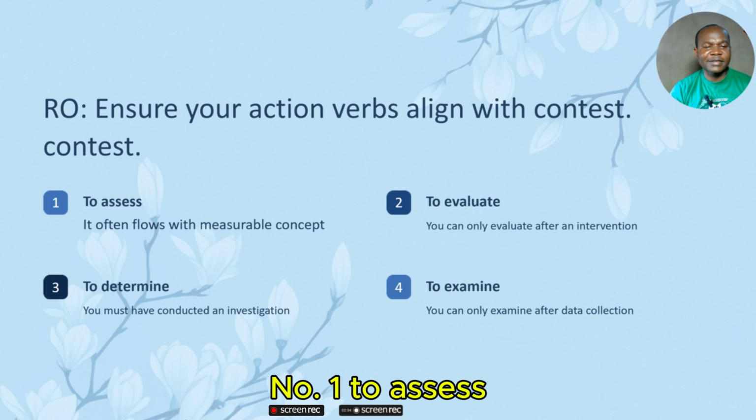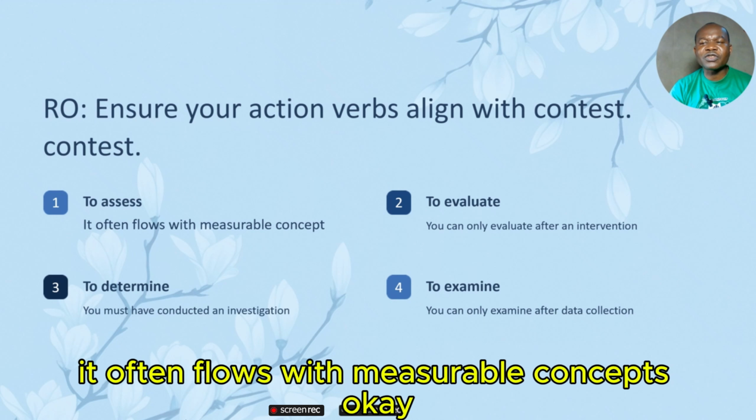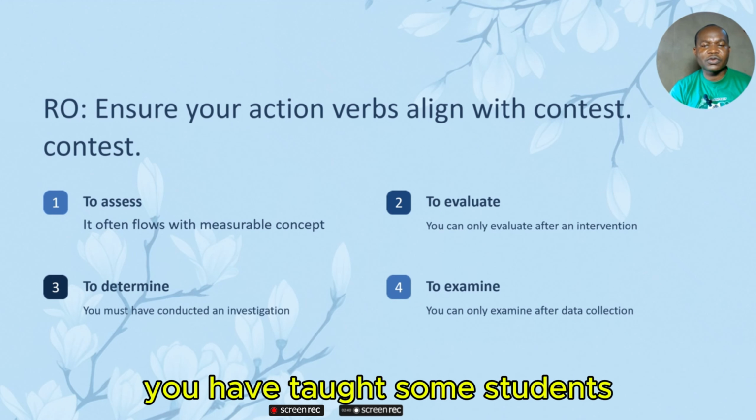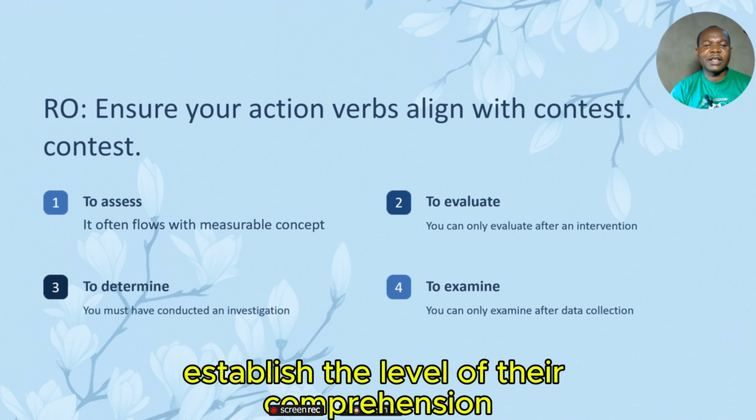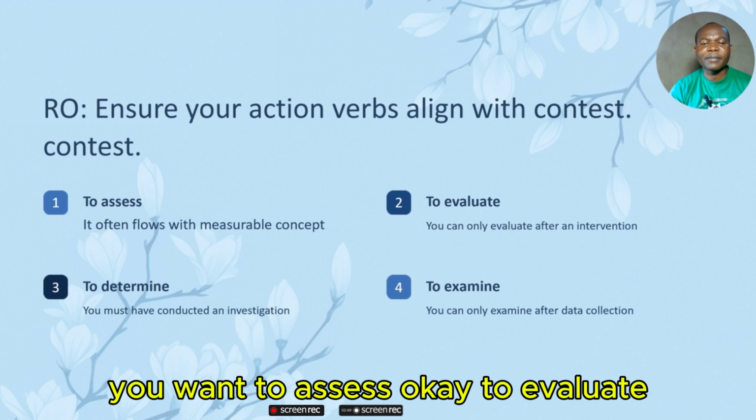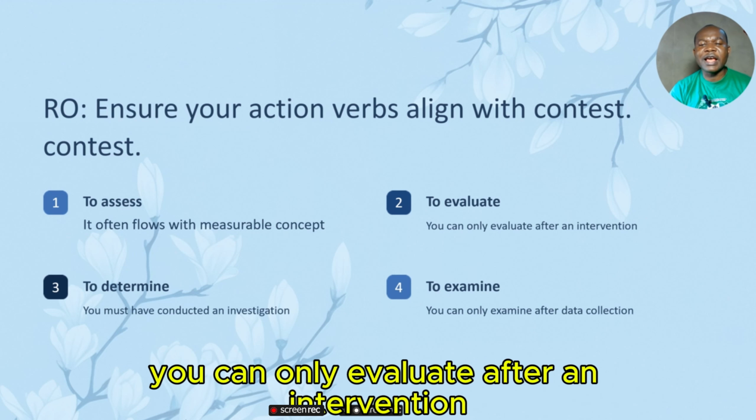Number one, to assess. It often flows with measurable concepts. You have taught some students and you want to establish the level of their comprehension. You want to assess. To evaluate, you can only evaluate after an intervention.